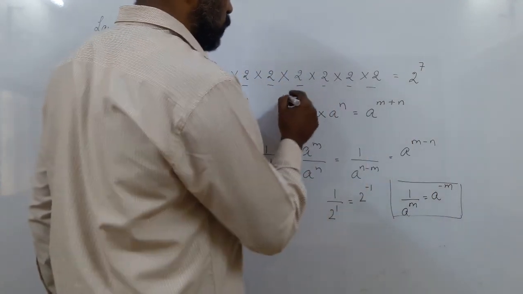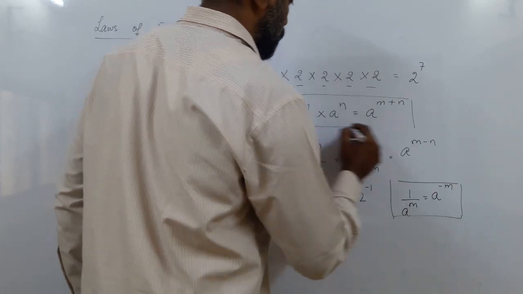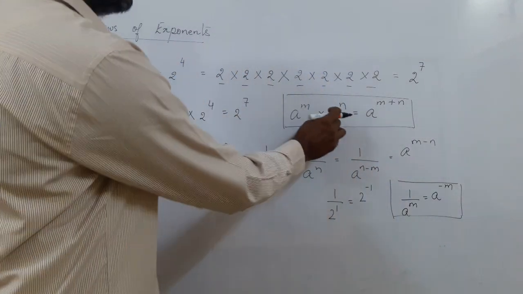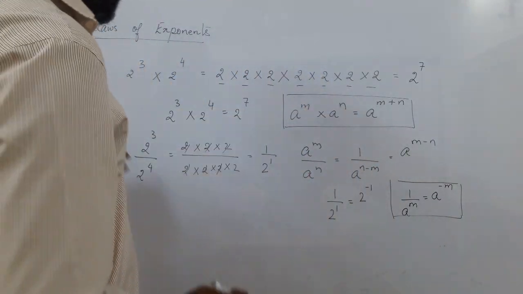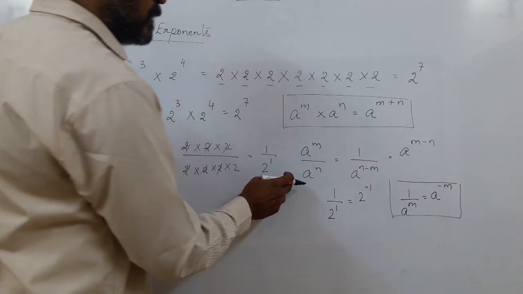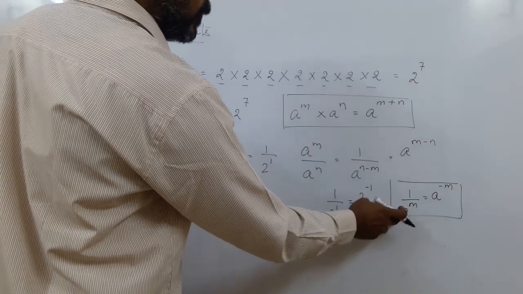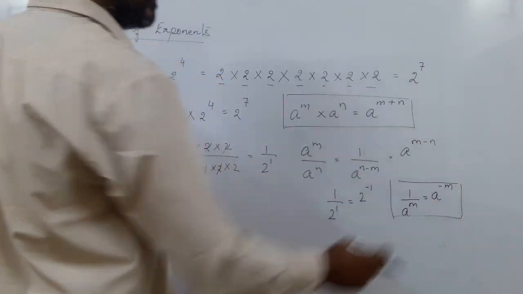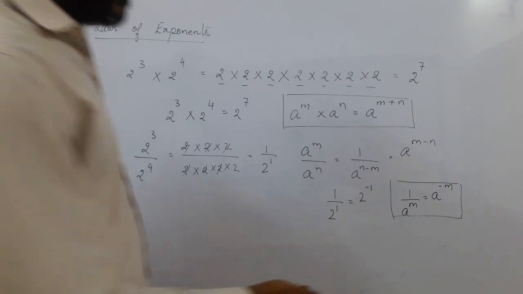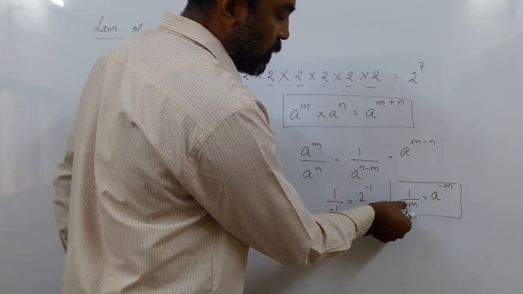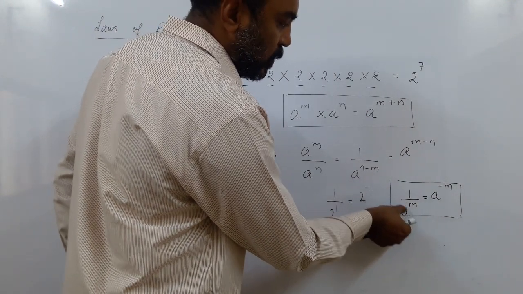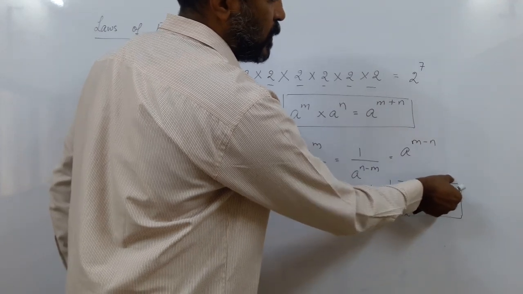So we have got one rule: when the bases are same, you add the powers. For division, when the bases are same, you subtract the powers, and 1 upon a raised to n is a raised to minus n. So it means that if the power is positive in the denominator, when it goes in the numerator, it becomes negative.